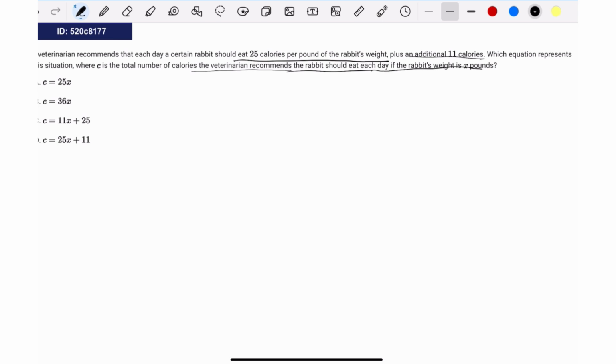Okay, guys, so it says that for each pound you have to eat 25 calories. So if you have 1 pound, you have to eat 25 calories. If you have x pounds, you would have to eat 25x calories, right? Because look, 25 is 1 times 25. Then this part must be x times 25 too.